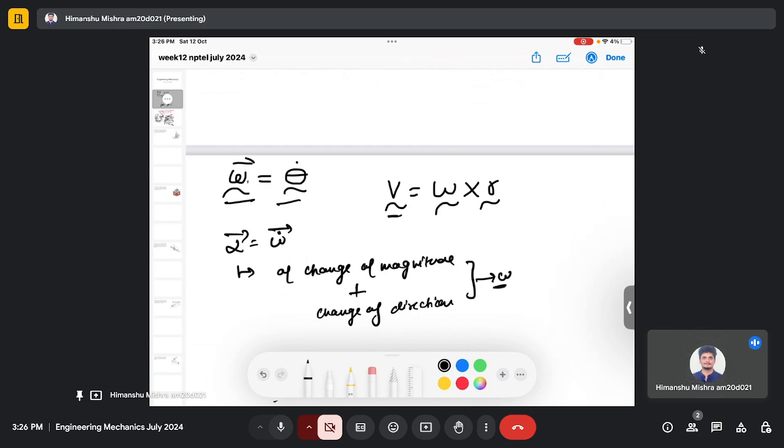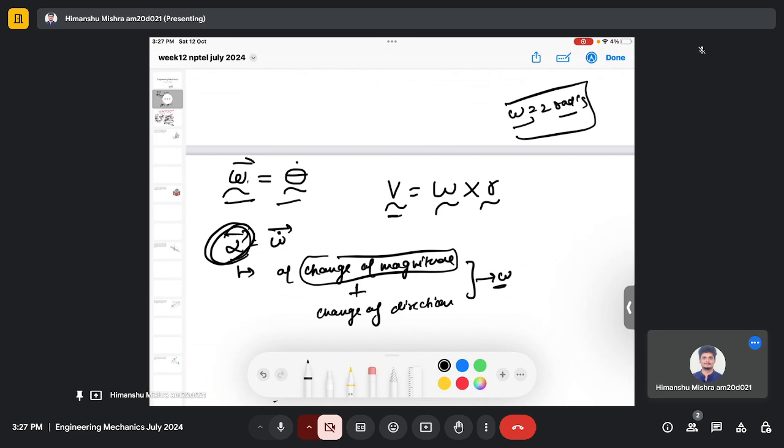So if omega is changing direction, even in that case you will get a non-zero angular acceleration. Even if the magnitude is fixed, for example if your omega is 2 rad per second and fixed, but the direction of omega is changing, that means you have a non-zero angular acceleration, even though the magnitude of this angular velocity is constant.